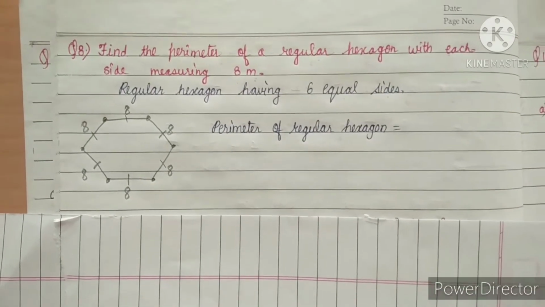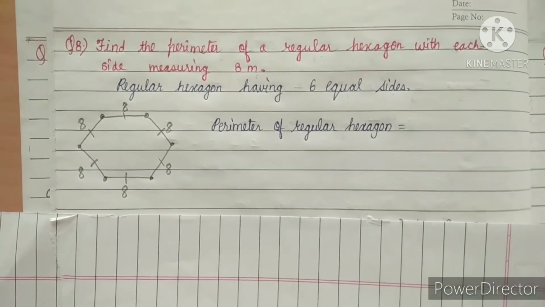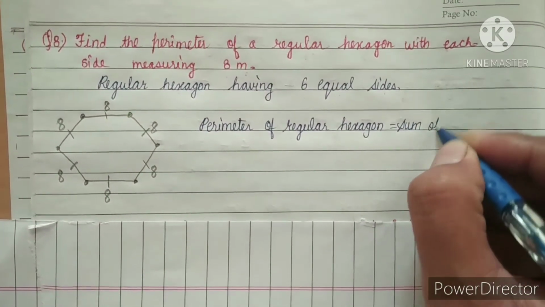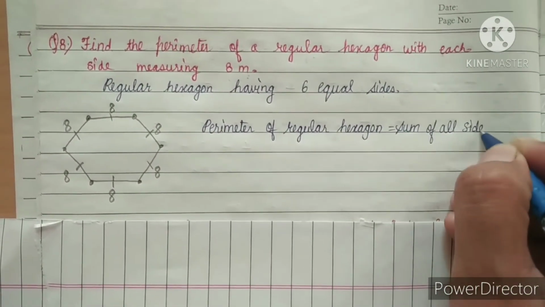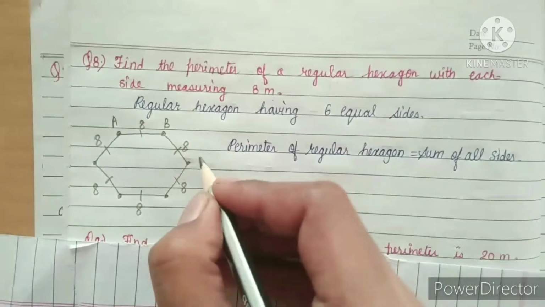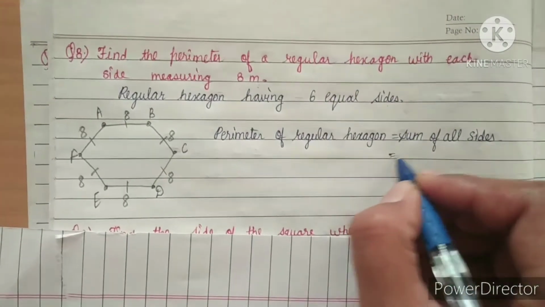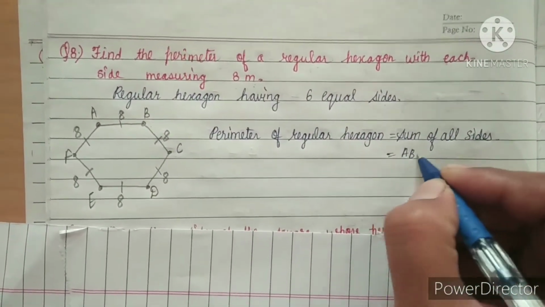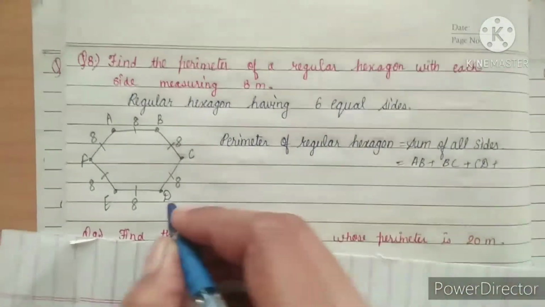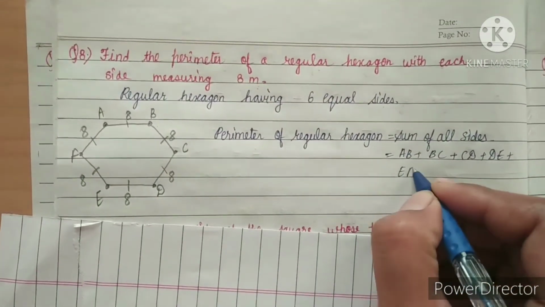With 6 sides we can directly apply a formula, but maybe you are getting confused, so simply we are going with the same procedure that we followed in the triangle, the sum of all sides. So simply we put the vertex names A, B, C, D, E, F. Sum of all sides means AB plus BC plus CD plus DE plus EF plus FA.